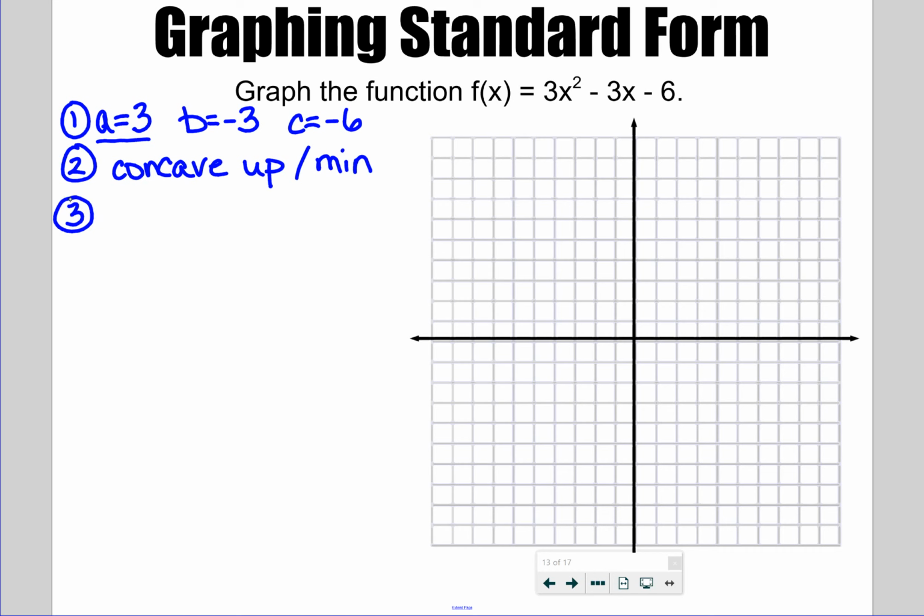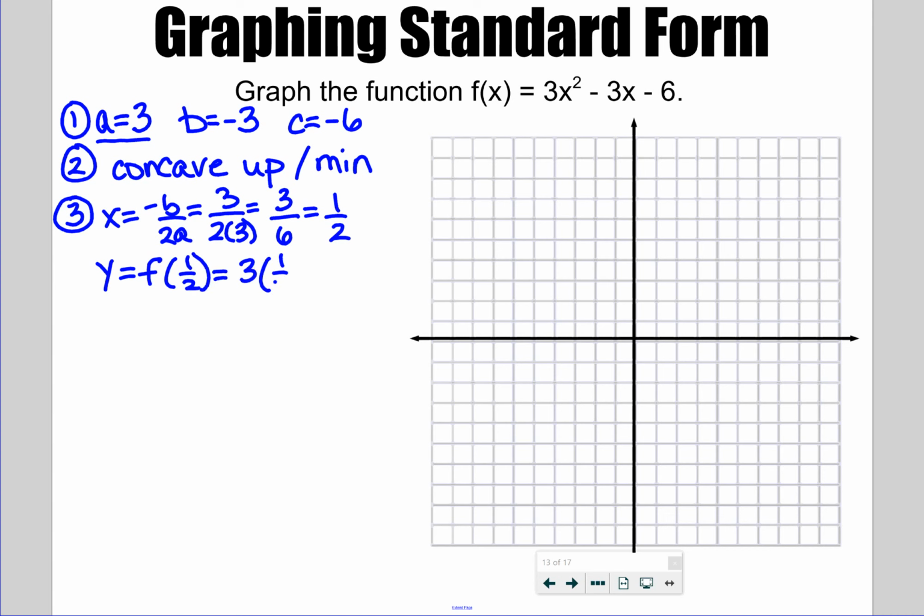Third step, we're going to calculate the vertex. If you're in standard form, you need to do -b over 2a. Opposite of b here is +3. 2 times a, 2 times 3. That's going to give me 3 over 6, or 1/2. To get the y value that goes with it, we're just going to plug that number into the function. 3 times 1/2 squared minus 3 times 1/2 minus 6.